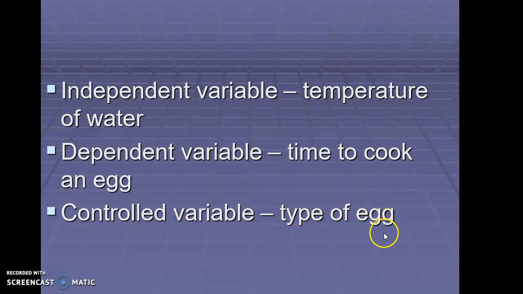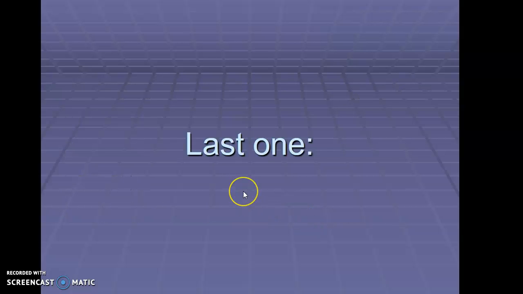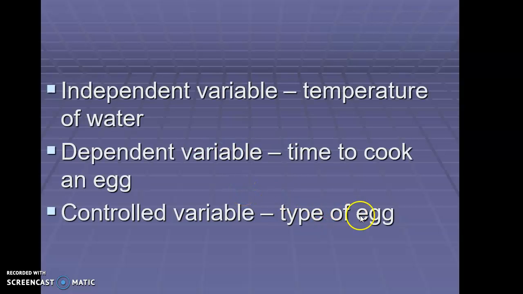So it wouldn't be fair if we used an ostrich egg and a chicken egg, because there's a big difference in the size of those eggs. So it would take probably longer to cook that ostrich egg than a regular chicken egg. What else? There's lots of others. The same temperature of the room where you're boiling the water. The same size pot, the same amount of water. Everything would be the same except the temperature.